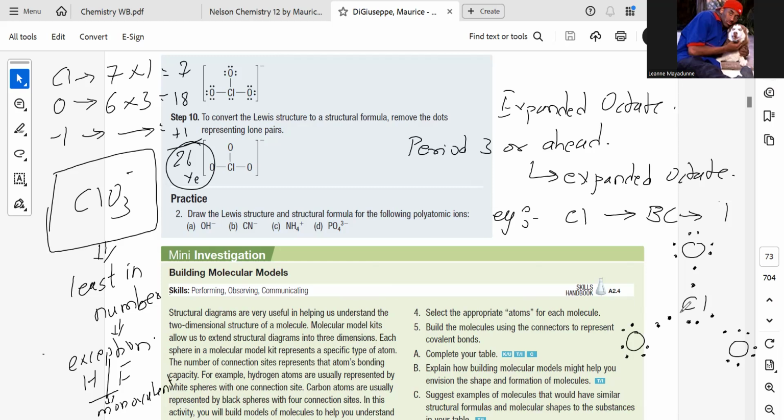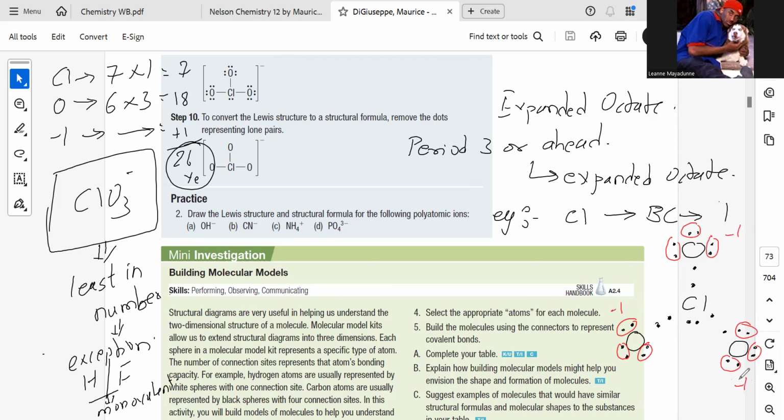However, you need to remember that if any of the oxygen has 3 lone pairs, then that means it is having one negative charge.